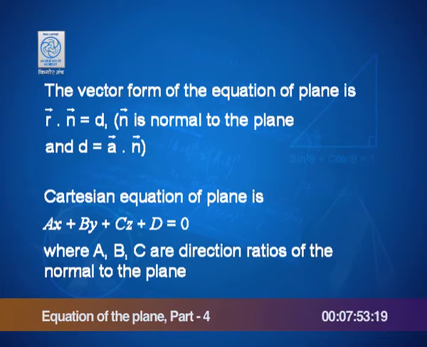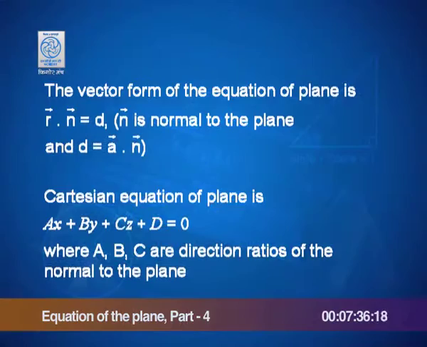I have chosen capital D with an understanding of taking it a little different from the d earlier. Otherwise, any constants a, b, c and d will do, and a, b, c, that is the coefficients of x, y and z, will define the direction ratios of the normal to the plane.